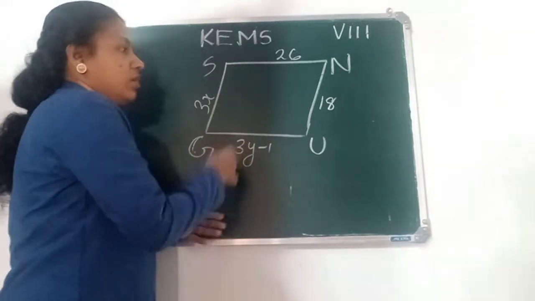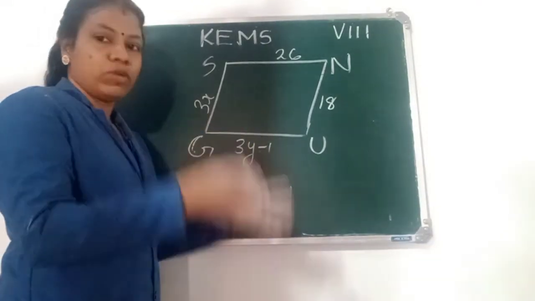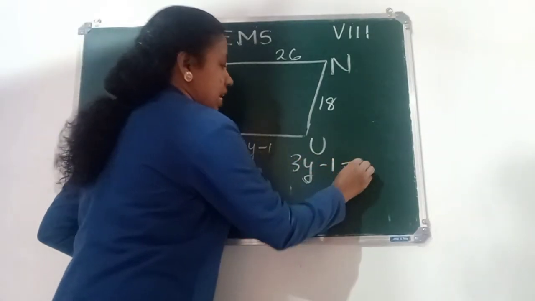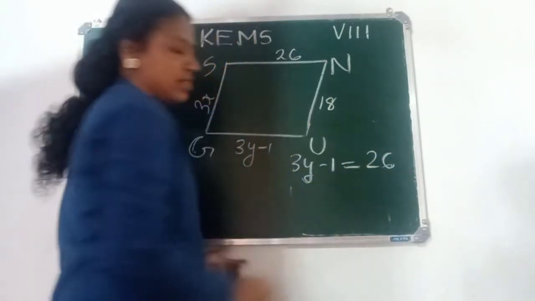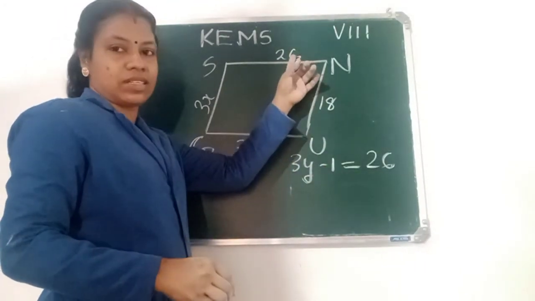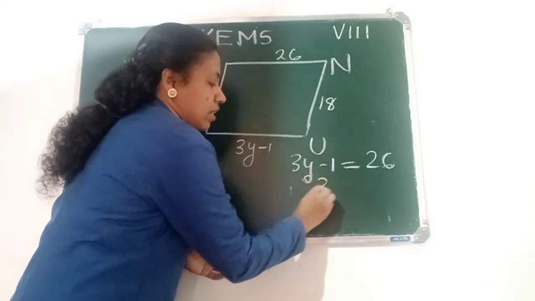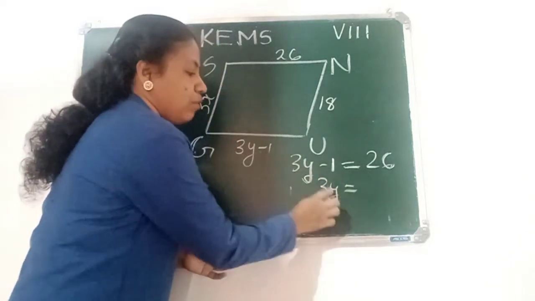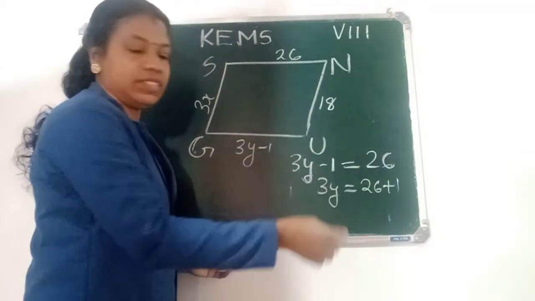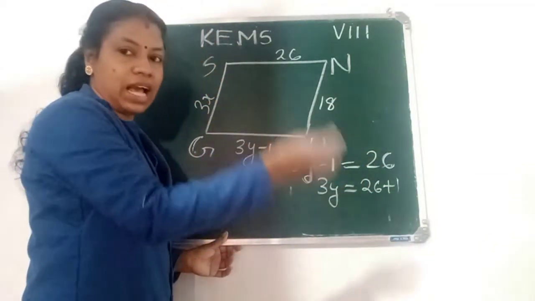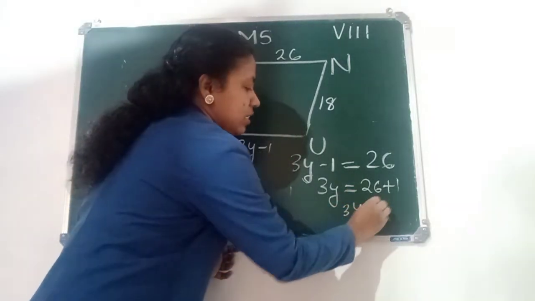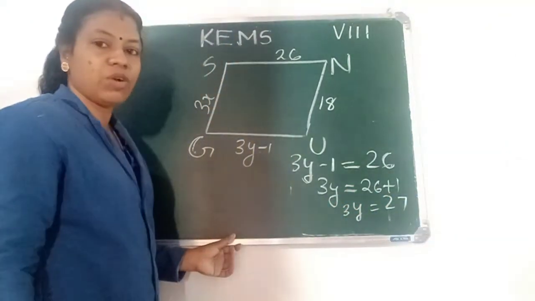So, using the properties of parallelogram, opposite sides are equal. That is 3y minus 1 equal to 26. It is given in the question. Then find y. So 3y equal to 26 plus 1, shifting minus 1 to the RHS as plus 1. Then 3y equal to 27.